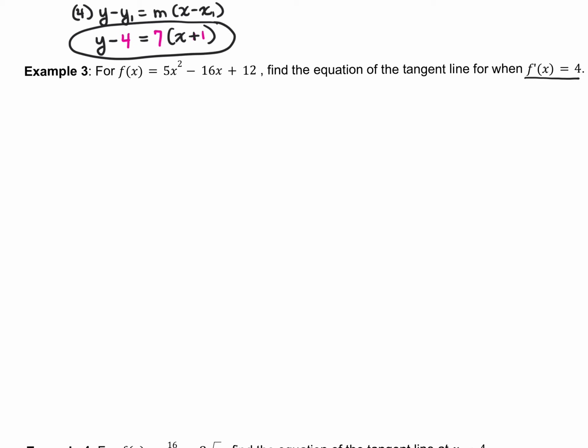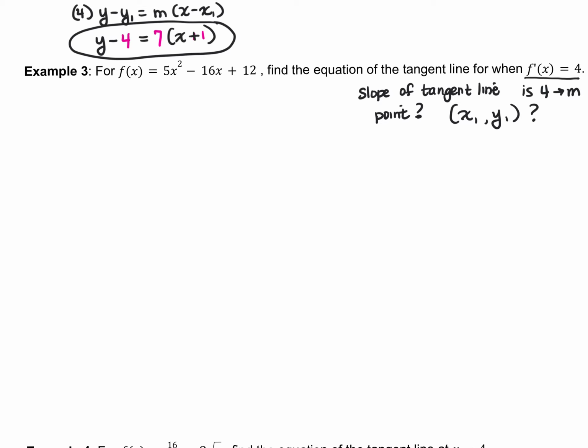So what we're given is that the slope of the tangent line is 4. Now that's interesting. Okay, so what we know is m. We still have to figure out what the point is. Okay, we still have to know what x1, y1 is.